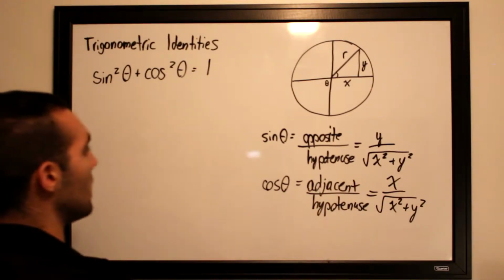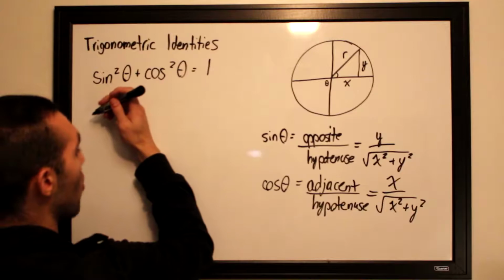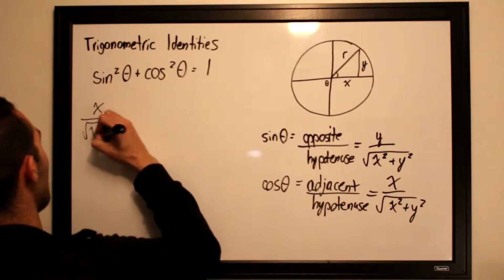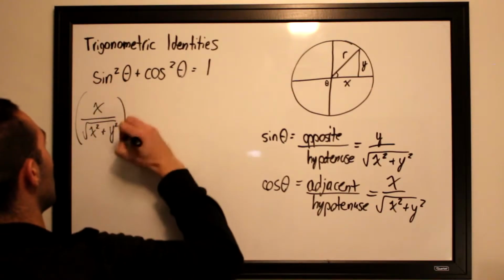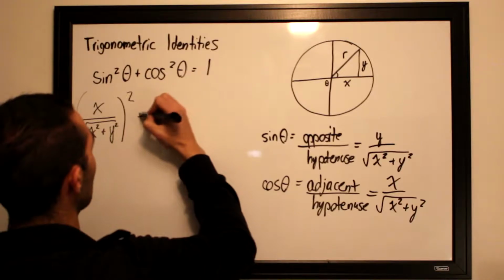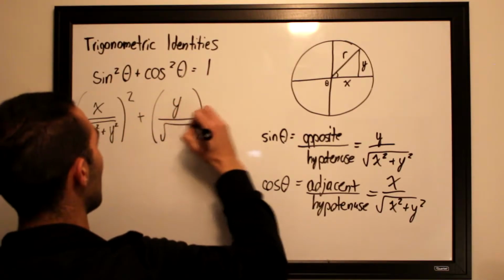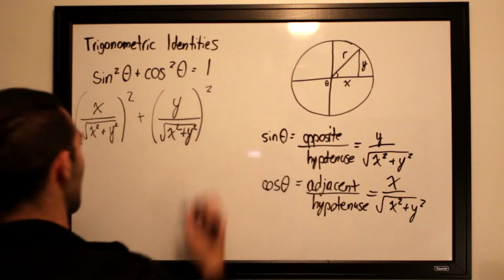Let's put the cosine first; it doesn't really matter which order you do it in. Here you've got x divided by the square root of x squared plus y squared, all squared, plus y over the square root of x squared plus y squared, all squared.